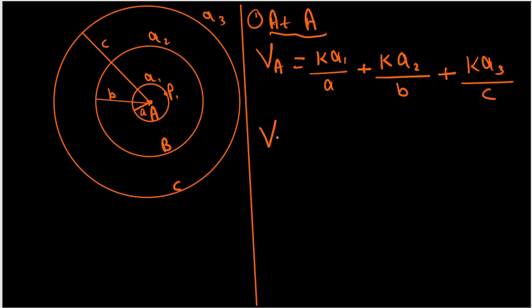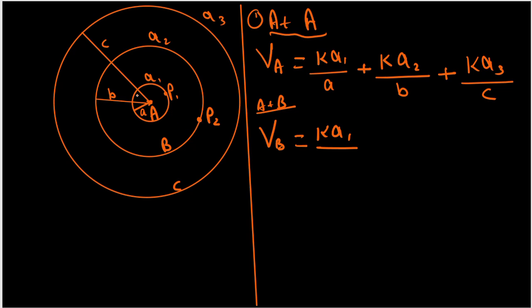Similarly, when we write potential at B, take any point on B, call it P2. Point P2 is outside the innermost cell A. When it is outside, potential will be K Q1, because we are calculating for cell A, divided by the distance of this point from the center.